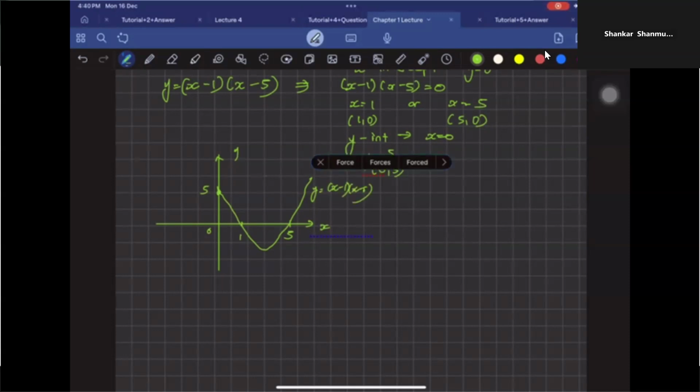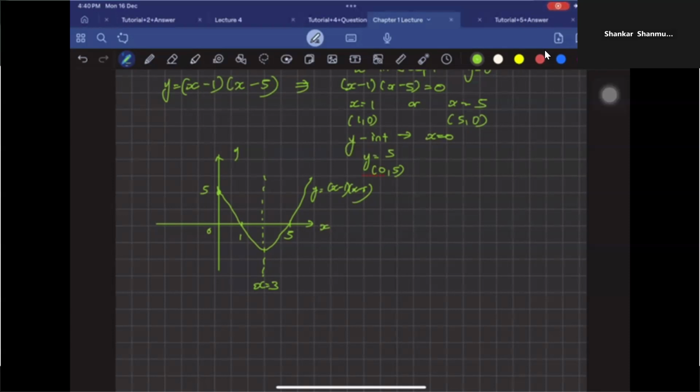Your line of symmetry would cross your minimum point, and given that it is symmetrical, it's basically half of this distance. So it's (5 minus 1) divided by 2, plus 1. So it basically happens when x is equal to 3. Okay? So it's basically the middle of these 2 points. Alright? So yeah, that's one question for you all.